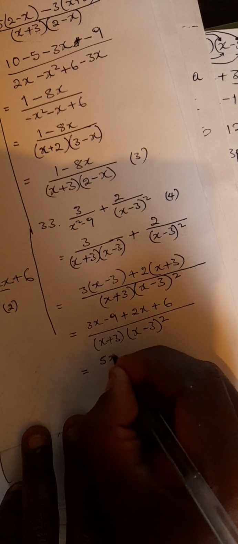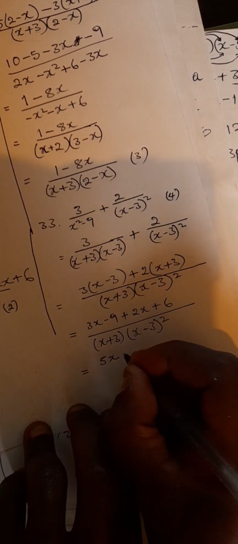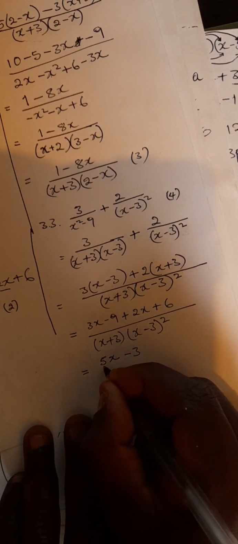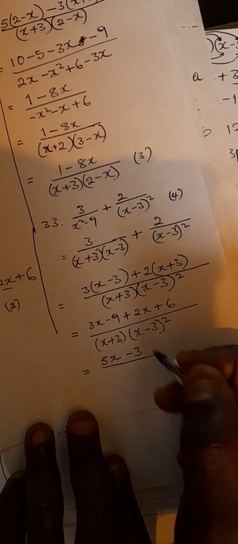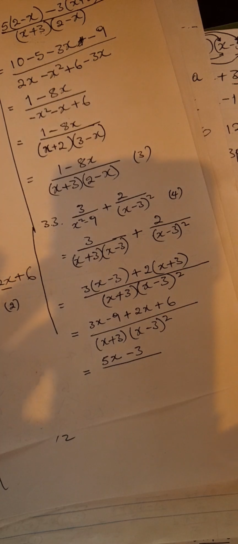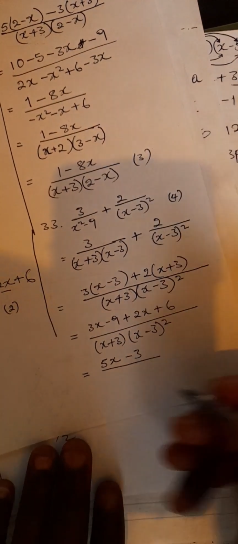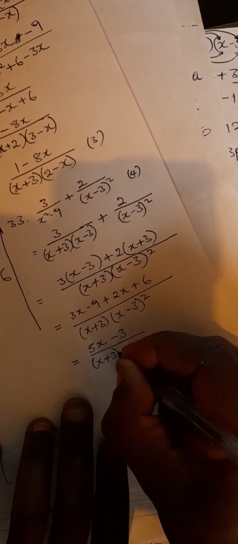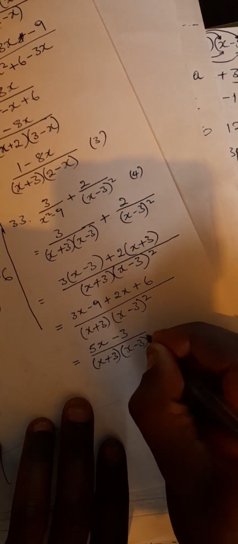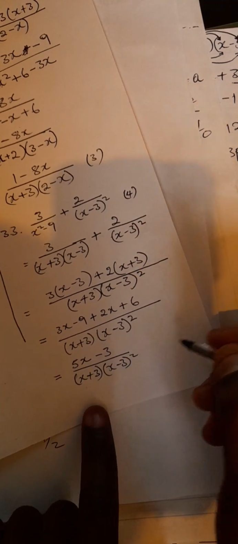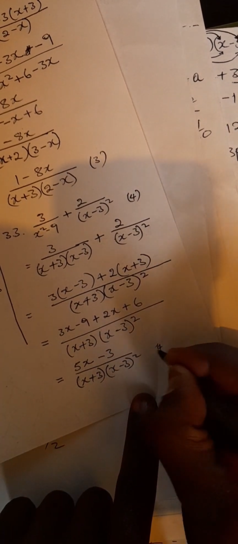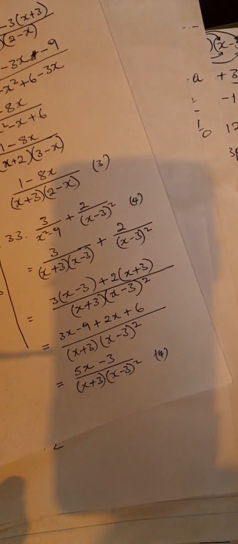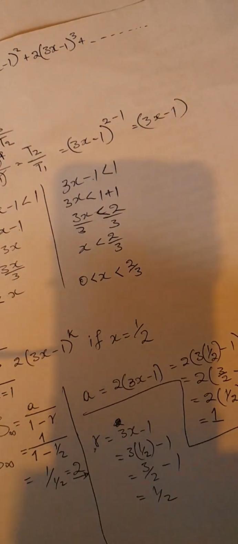So this is 5x, 6 minus, that's minus 3, divided by x plus 3, x minus 3 all squared. And that's 4 marks. Yes. Okay, moving on to the last question, 3.4.